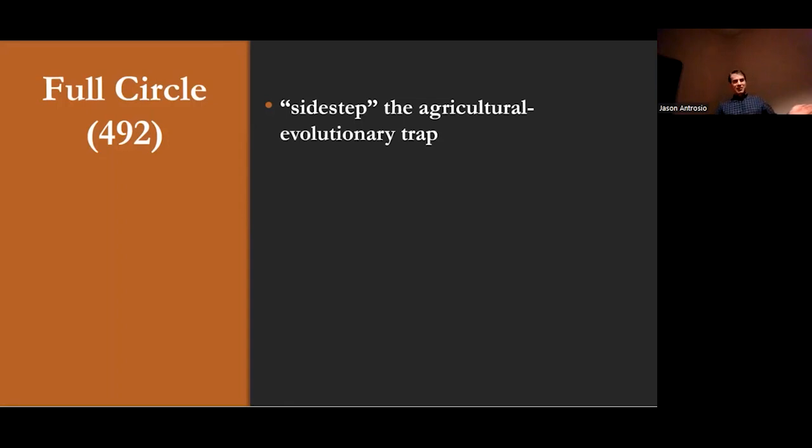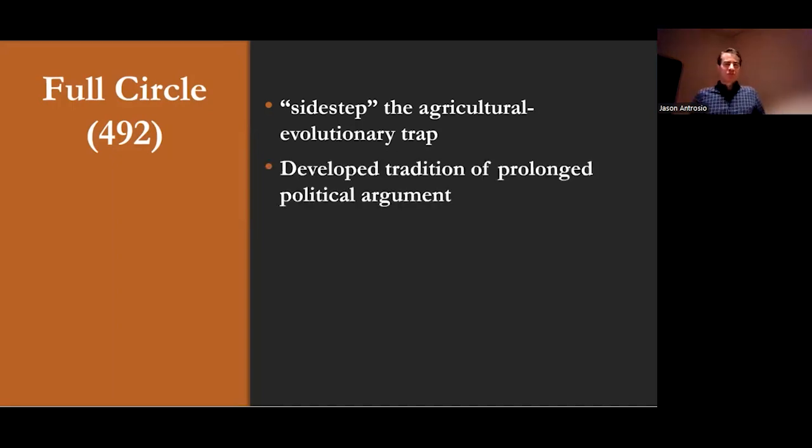They reject agriculture at various stages. They go back and forth. They put it in its place. They go from having seasonal states, and then they reject all that. And one thing they develop is a tradition of prolonged political argument, which we've been talking about. Smoke tobacco and you talk politics and you argue about what the way things should have been, could have been.